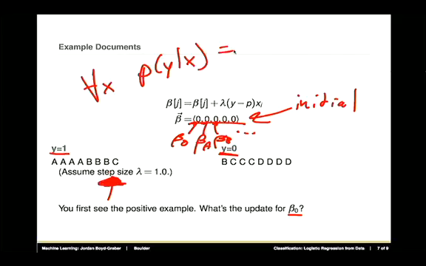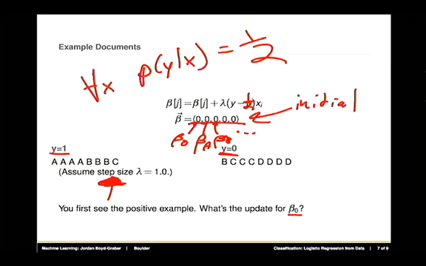Yeah, 1/2. With the initialization, everything is completely even. You have no information. The probability of y equals 0 is the same as the probability of y equals 1, no matter what your input vector x is, because 0 times anything is 0.